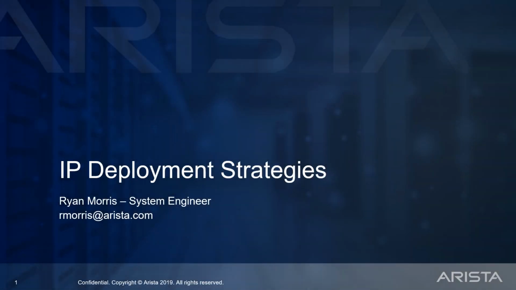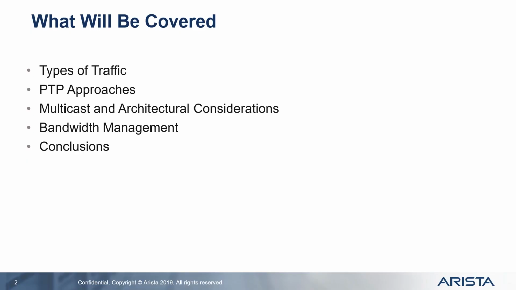Hey, so I'm going to be speaking about IP deployment strategies, mainly focusing on the SMPTE-2110 deployments. So here's what we'll be covering: the types of traffic, just in general for IP networks, approaches to PTP distribution, because that's something that people have nightmares about now, and there are logical and optimal ways of distributing PTP across a network.